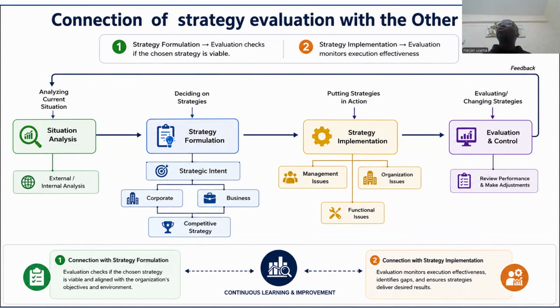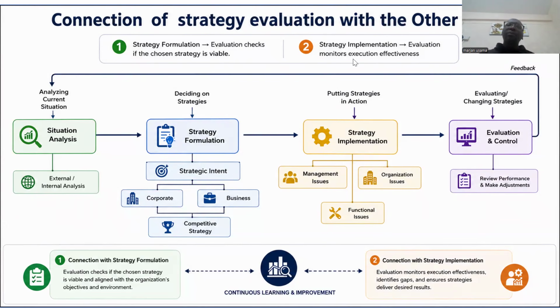We are going to go to strategy A, the advantages and disadvantages we are going to evaluate. We'll go to strategy B, advantages, disadvantages. Strategy C, the same. Strategy D, also the same. Then after evaluating, we will choose the best strategy. So that is how evaluation helps in strategy formulation.